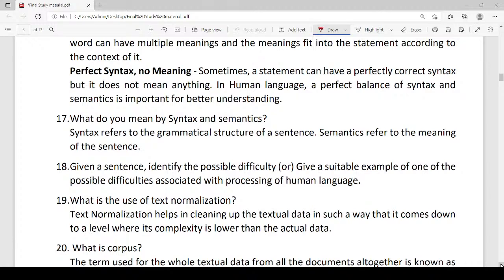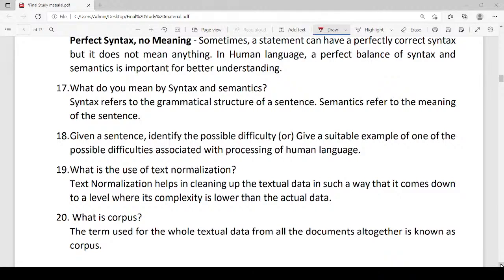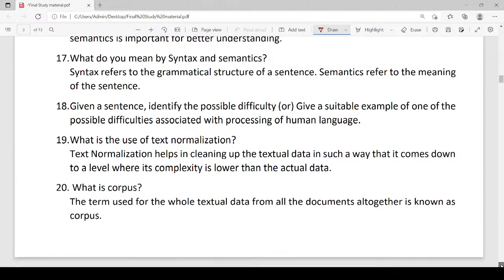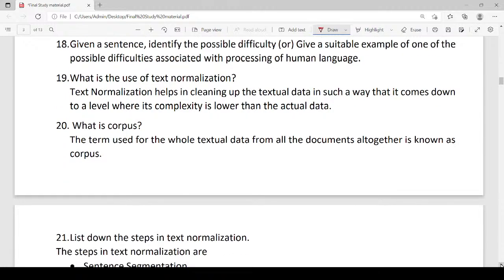All the textual data from all documents collectively together is your corpus. Whole textual data, exactly. The entire set of documents, the collection of documents, group of documents. Very good, right answers. So it is the term that is used for whole textual data from all documents together, which we call corpus. Very good. Now let's move on to the next question.